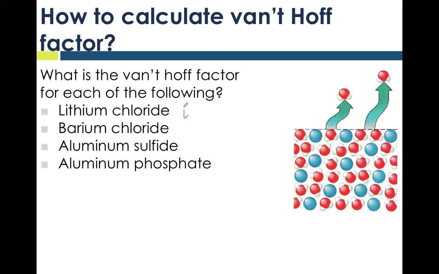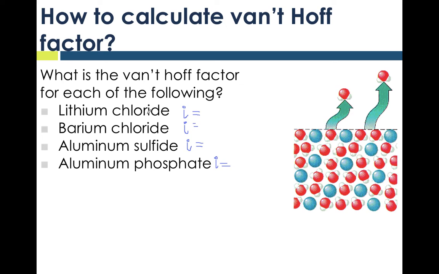And so let me put the letter i for each one of these so we can write what we find as soon as we find them. At this point of the video, if you're really trying to review for this exam, you might want to pause it real quick just so that you can find out what the formula for lithium chloride, barium chloride, aluminum sulfide, and aluminum phosphate is. Because to find the Van 't Hoff factor, you must have the correct formula for each and every one of these.